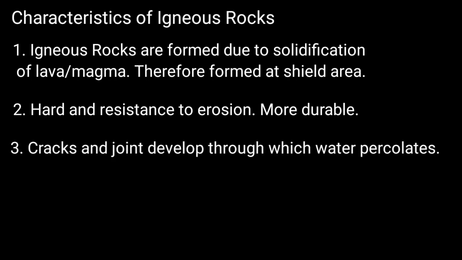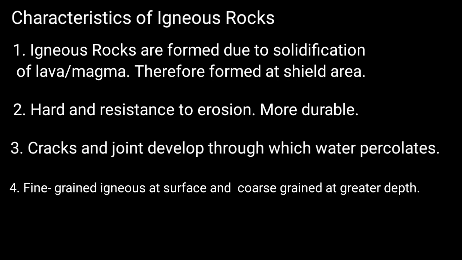Now thirdly, cracks and joints develop in these rocks through which water percolates, but generally these rocks are non-porous. Very important to note, most of these igneous rocks are non-porous rocks, right? And fourthly, igneous rocks which are formed on the surface are very fine grained. This is due to the rapid cooling process of lava, whereas igneous rocks which are formed at greater depth are coarse grained as the cooling process is slow at greater depth, right?